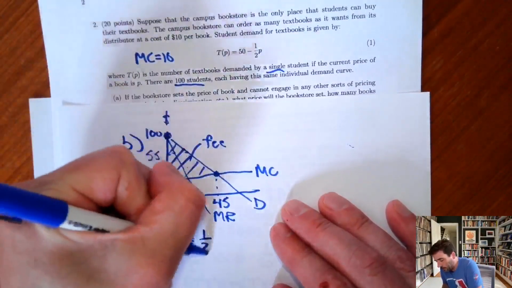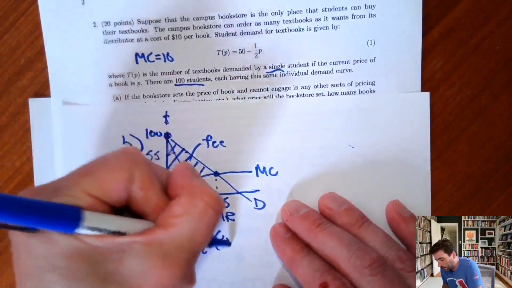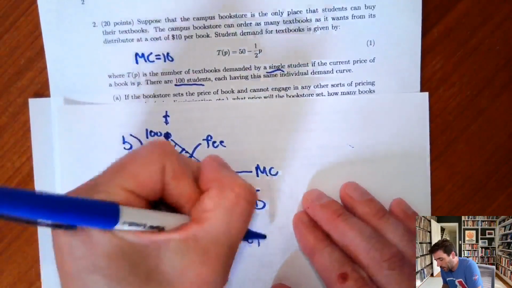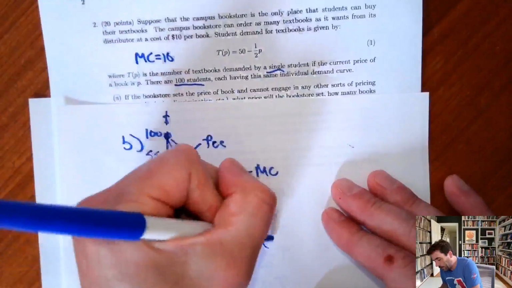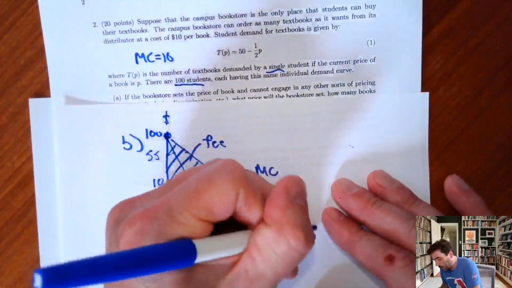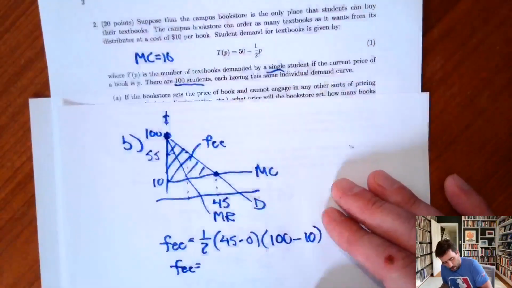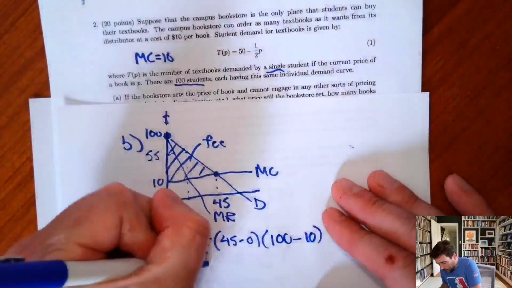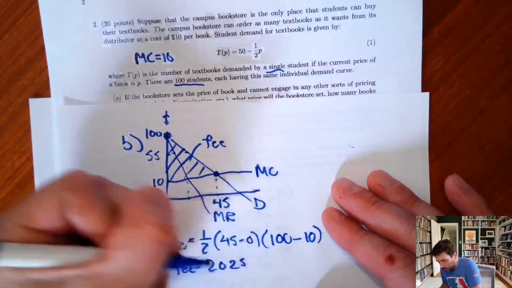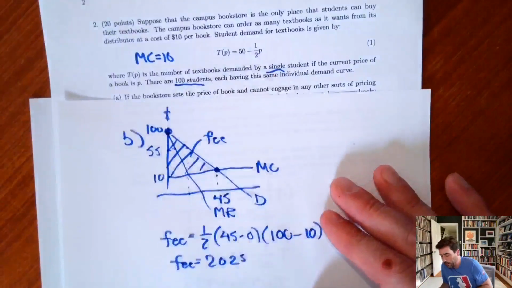Okay. All right, so my fee then is that triangle. So 1/2, the base of that triangle is my 45 minus 0. The height of that triangle is my 100 minus 10. And so if I plug all those numbers in, I'm going to get a fee of $2,025, right?